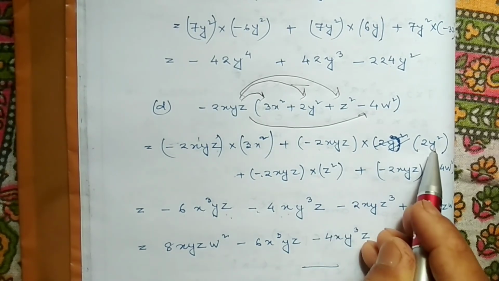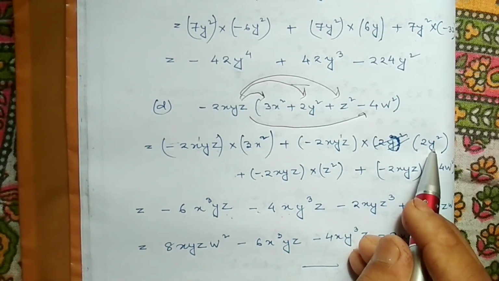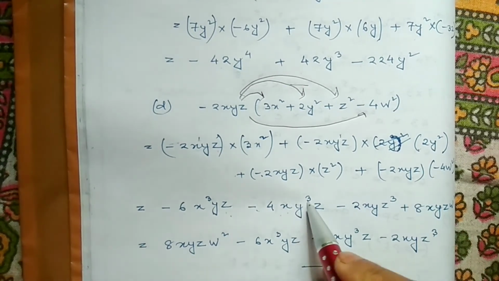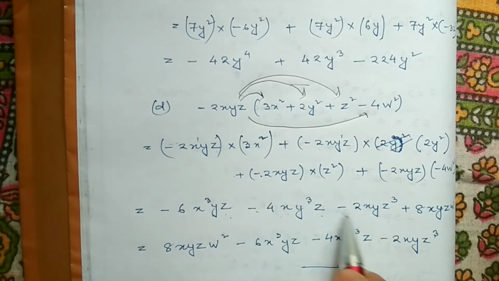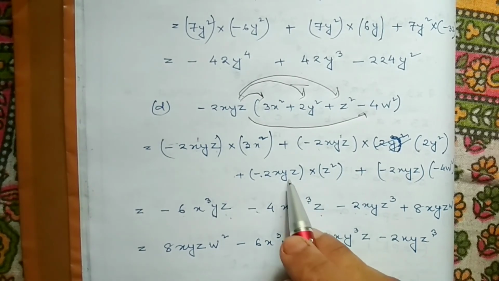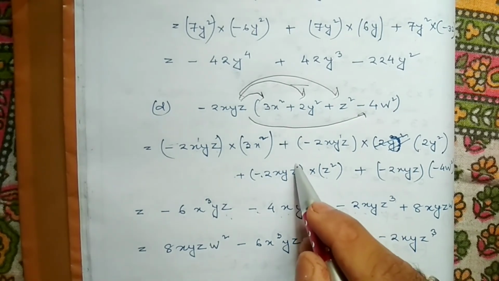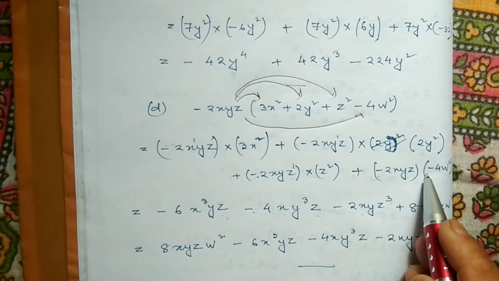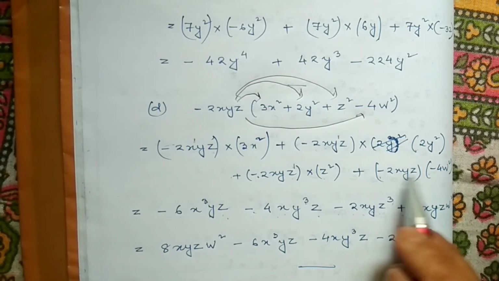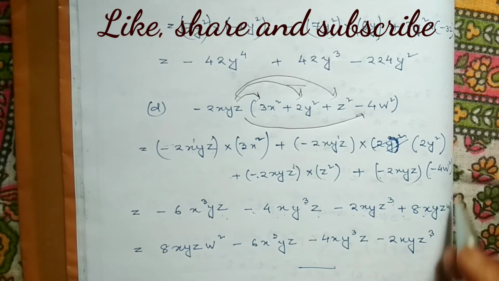Y into y square. Y means y to the power 1. Y into y square. How many y? 3y. So y cube into z. Then here plus minus minus 2xyz into z square. It will be z cube because here it is 1. 1 plus 2, 3. And here minus minus plus, 4 2s are 8, xyz w square.